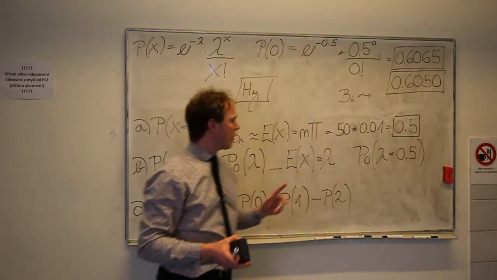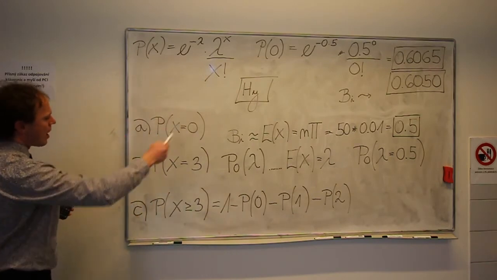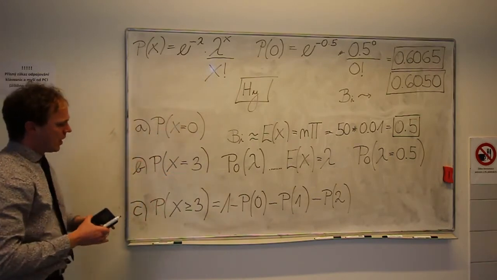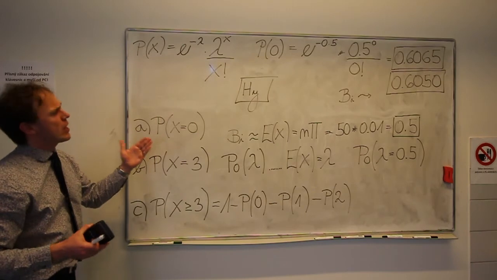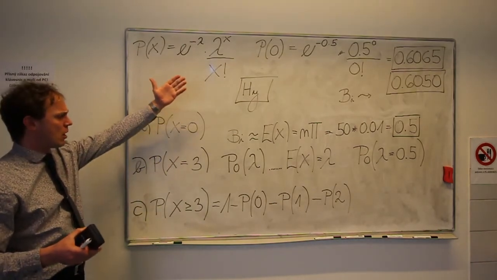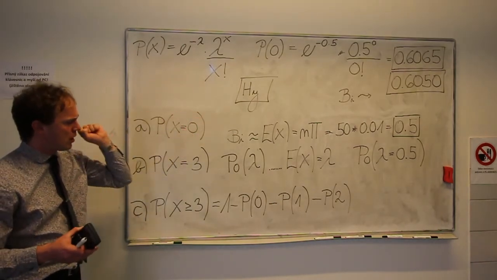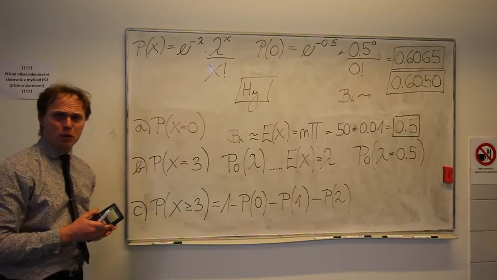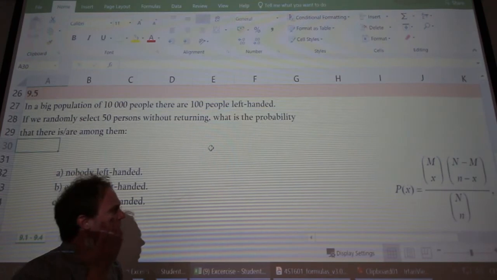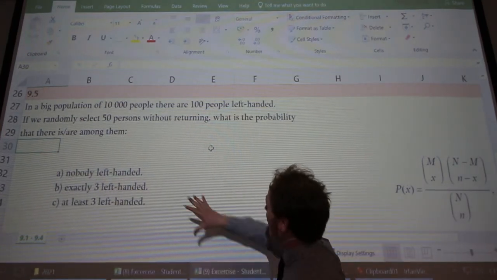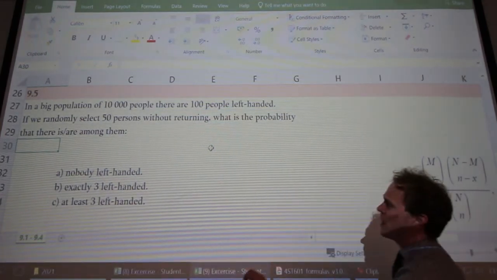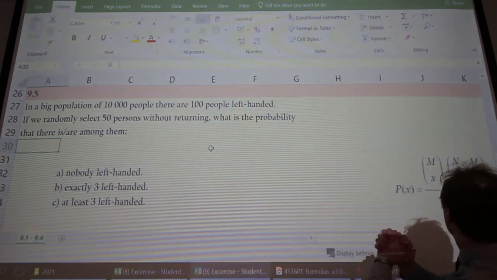And now I will show you everything A, B and C in Microsoft Excel using hypergeometric distribution, binomial distribution and Poisson distribution. Okay, so I hope that I will be able to solve everything here on this field.